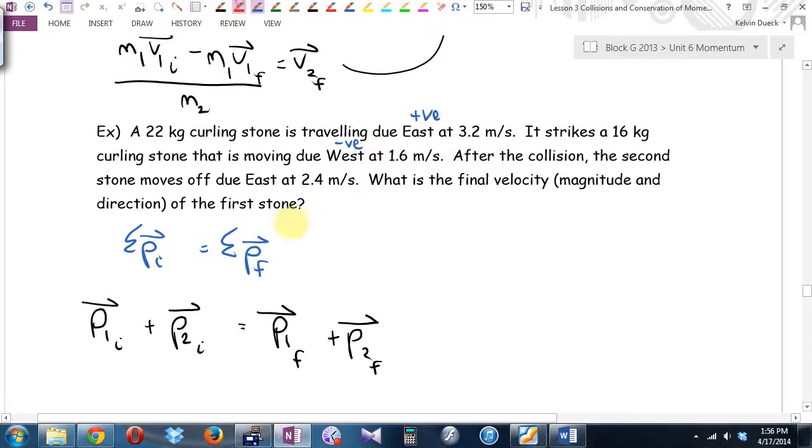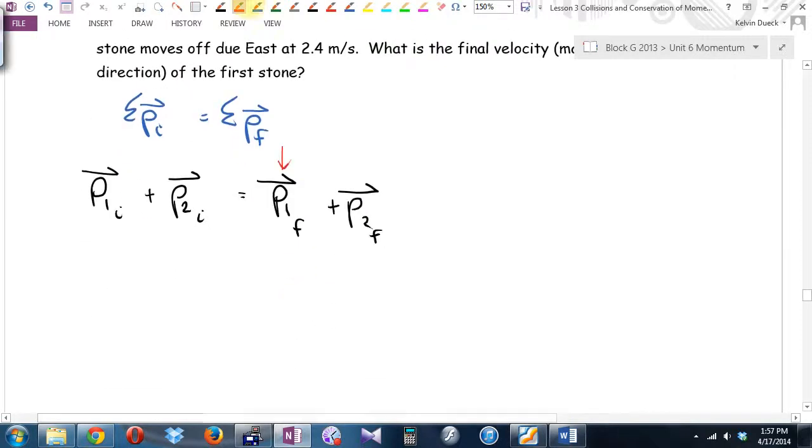It looks like what I'm trying to find is hidden in there. Let's break these apart. How can I write momentum? Momentum is what times what? Mass times velocity. So this is going to be m1 v1 initial, m2 v2 initial, m1 v1 final, m2 v2 final.